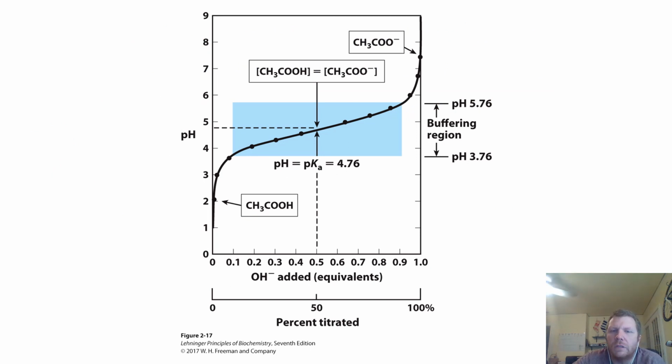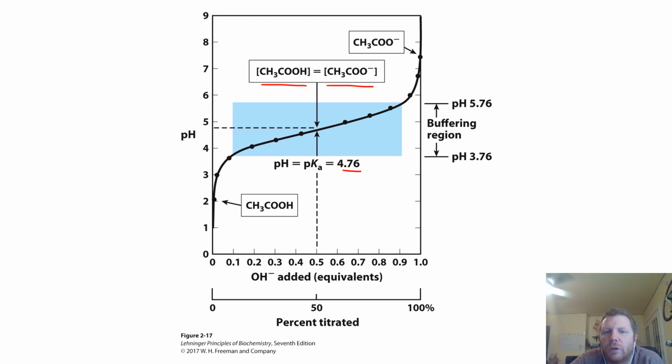Okay, here's a display of a titration curve, and I'm going to go really far into titration curves when we talk about amino acids, but basically this is a titration curve for acetic acid. We have our pKa at 4.76. What that means is we have an equal concentration of the protonated form and the deprotonated form.